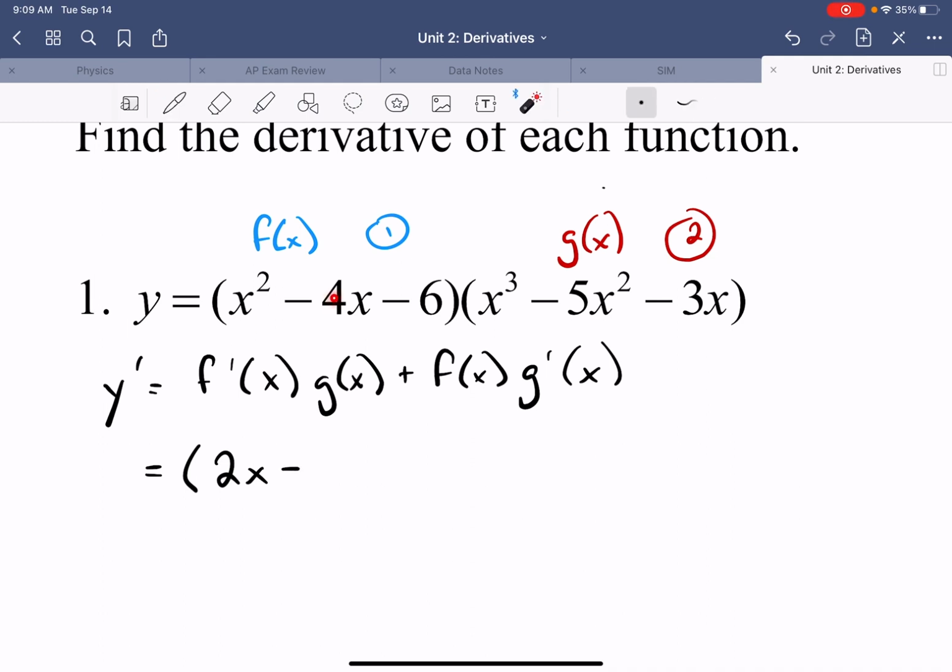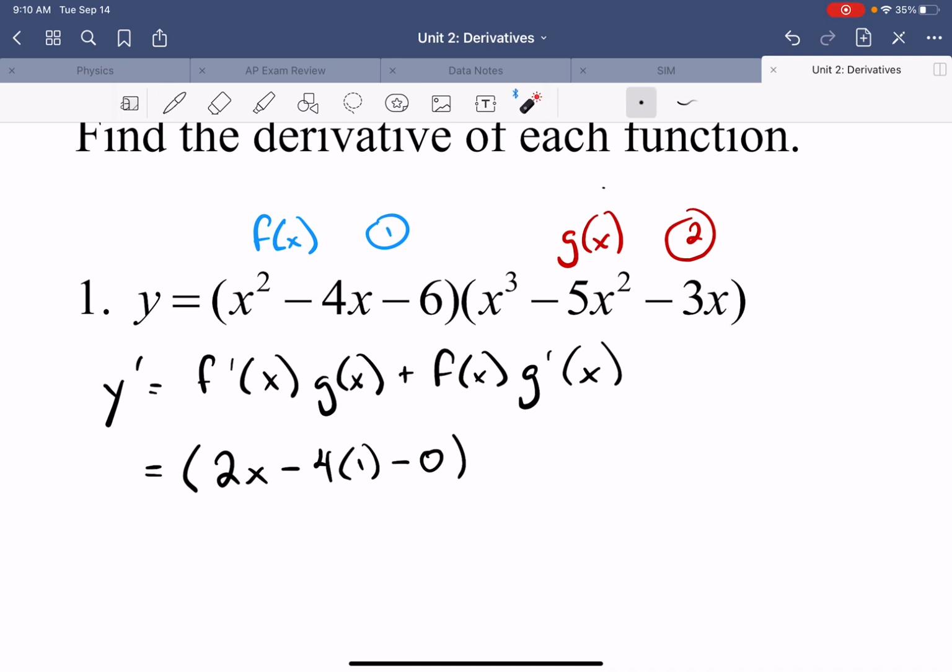And then the derivative of 4x, well, 4 is a coefficient. So if you have a coefficient in front of your x, you can just copy that. And then the derivative of that x right there is 1. And then I have a minus sign, and then the derivative of the 6. Since 6 is a constant, there is no variable next to it. Derivative of a constant is 0. So that's my f prime.